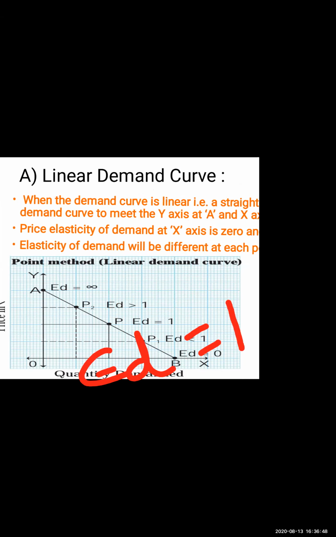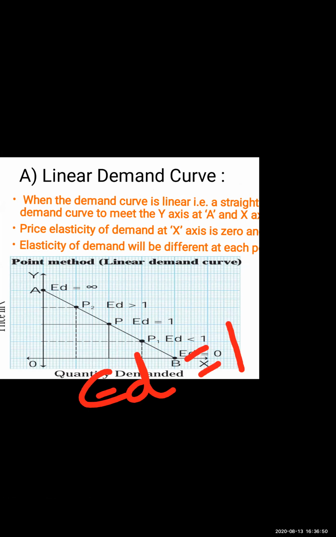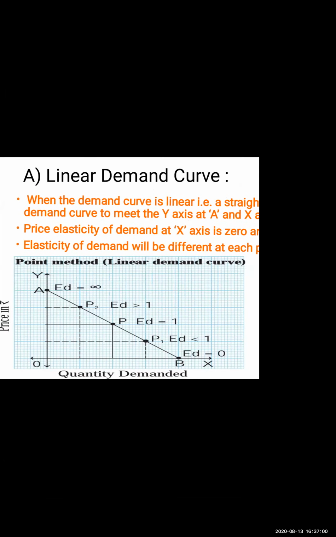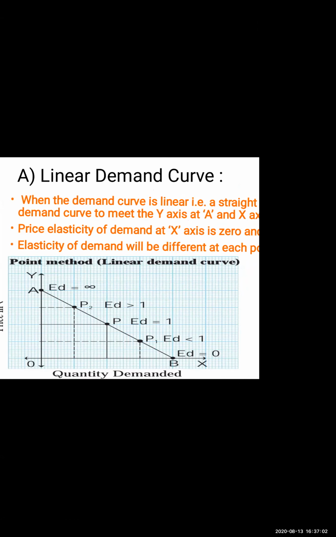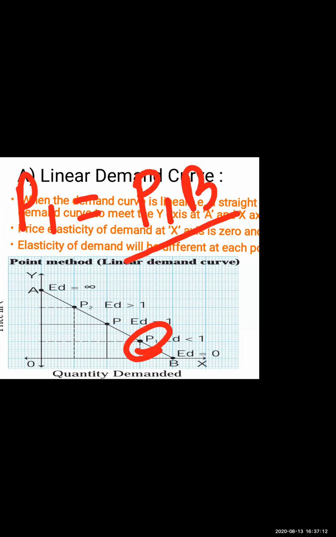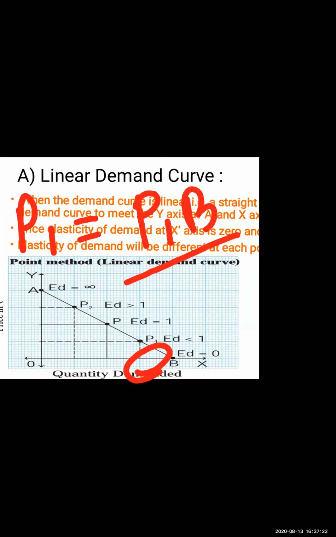Moving ahead now. Good, Joel. Now we need to find out P1. For P1, lower segment is P1B upon P1A.